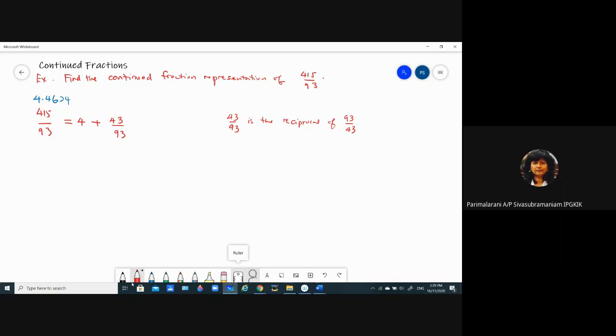And 93 over 43 is actually 2.1628, which means it is approximately 2, correct? But 93 over 43 can also be written as 2 plus 7 over 43. That means you have 2 times 43, 86, and remainder 7 over 43.